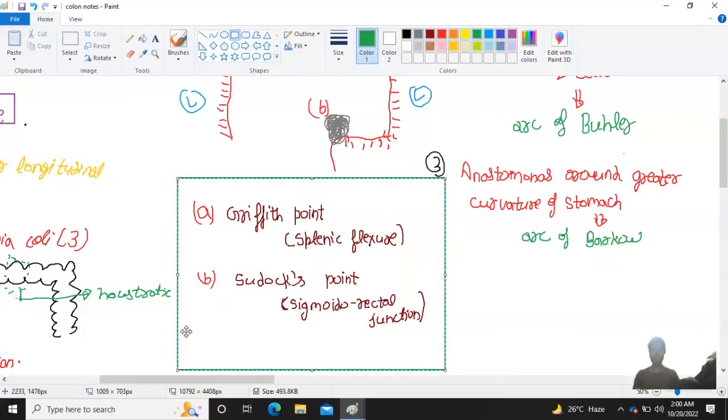But why are they important? They have more chances of necrosis due to blocking of arteries, blockage of blood vessels.